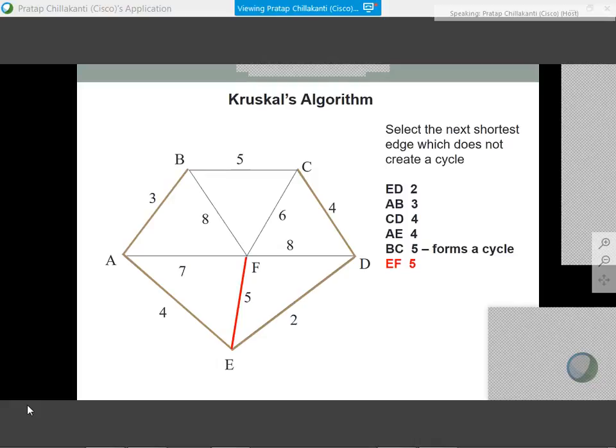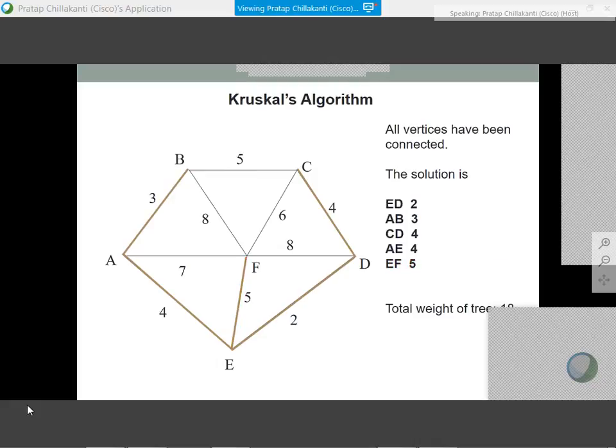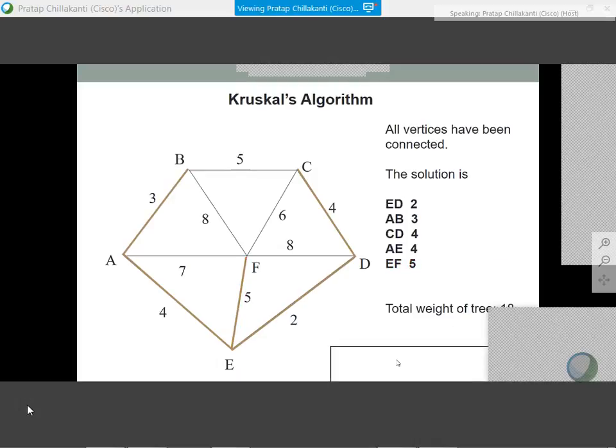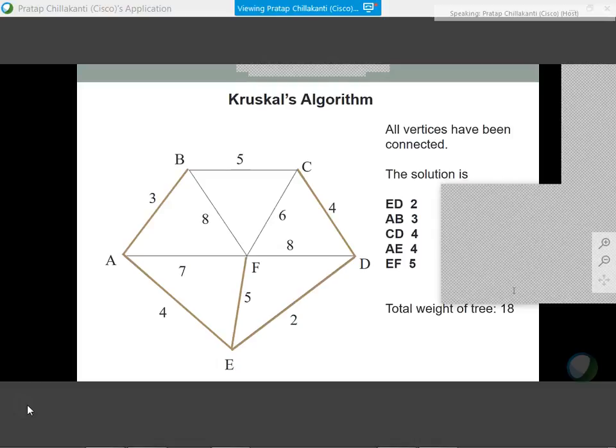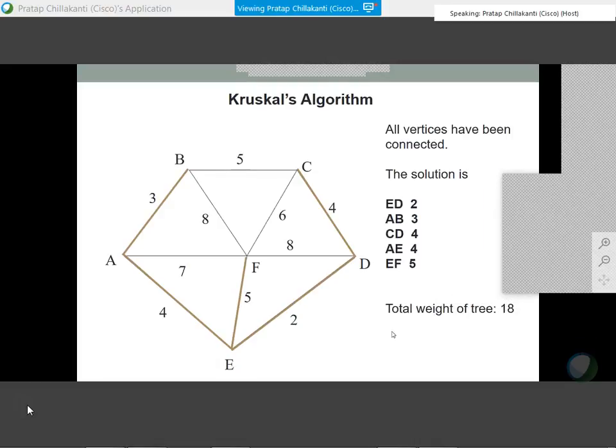A, B, C, D, E, F. Okay. So then you see the total weight of the tree, 18. Is there anyone who does not understand Kruskal's algorithm based on the animation that I showed you? Silence means you all understood, right? That's what I take it.